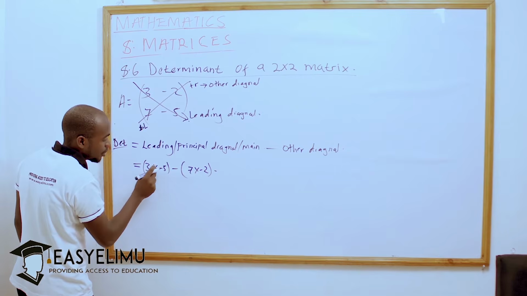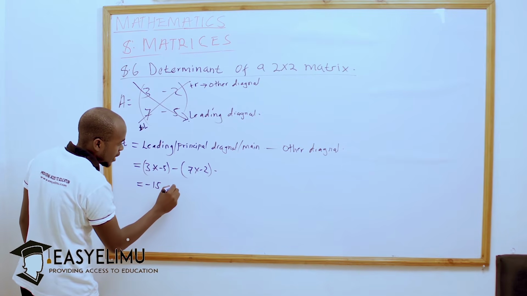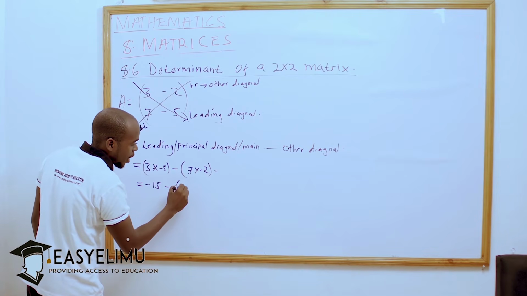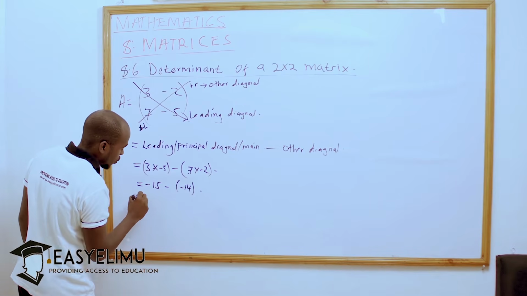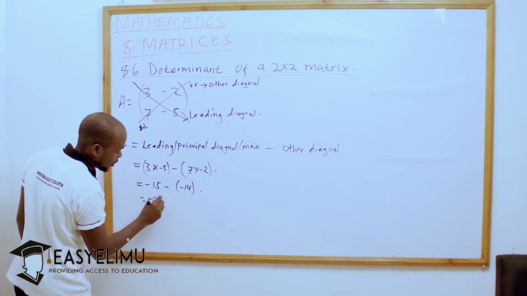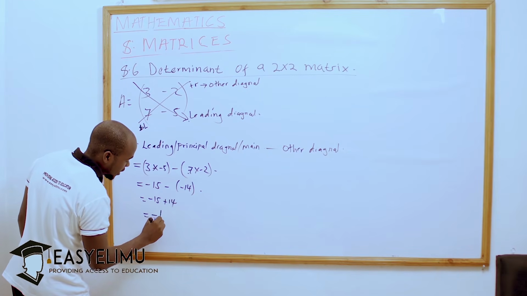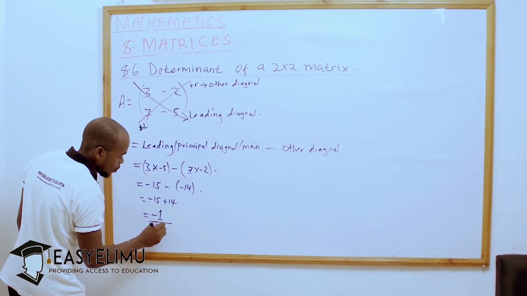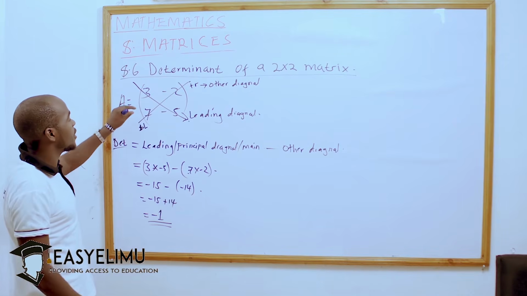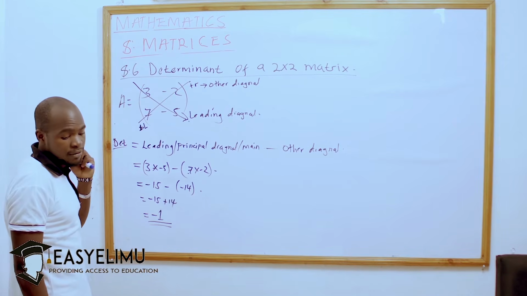So this gives me -15 minus, in brackets, -14. So this gives us -15 plus 14, which means that our determinant is -1. So the determinant of this matrix is -1.